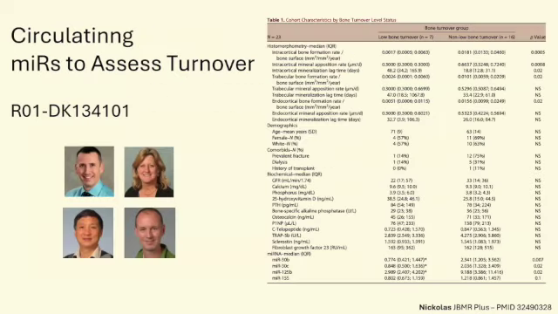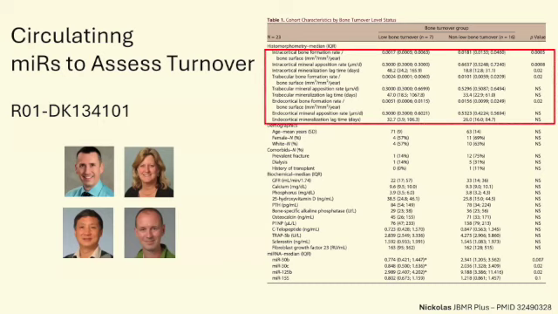I'm sorry that this slide is so confusing, but we currently have an R01 where we're looking at those characteristics of the microRNAs, and this is between myself and the Indiana Bone Group. And what we did for our pilot data was we took one of our biobank cohorts of bone biopsies, and we stratified the cohort based on cortical bone turnover rather than trabecular bone turnover.